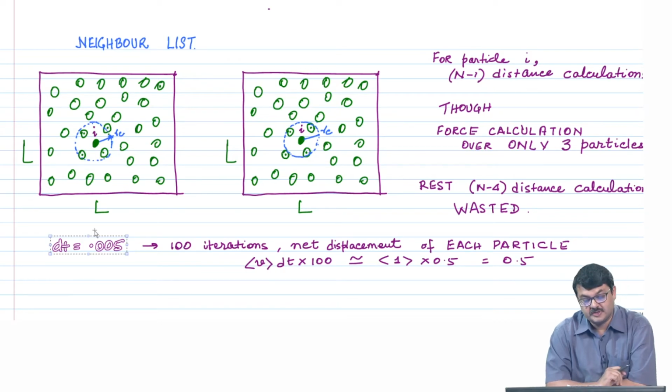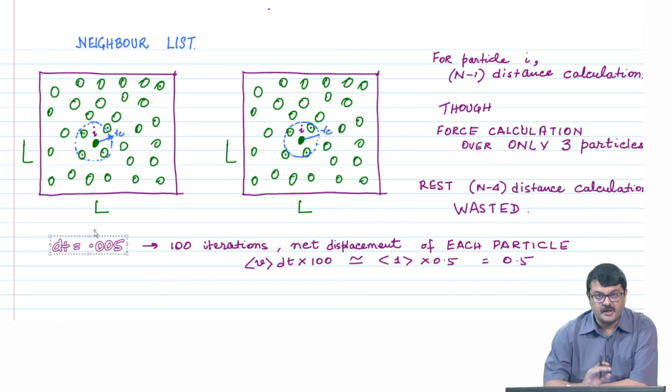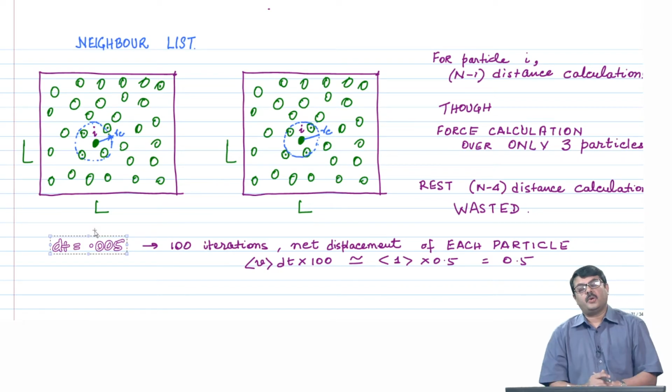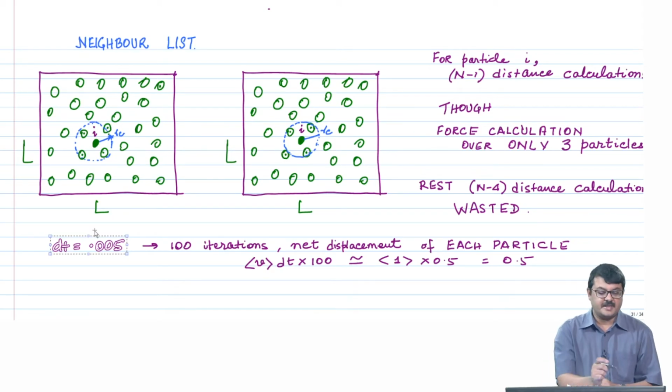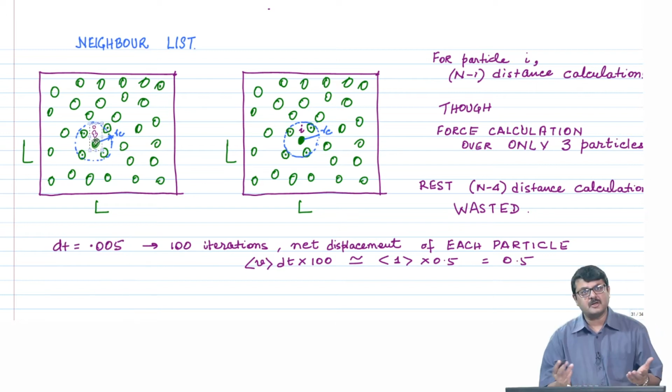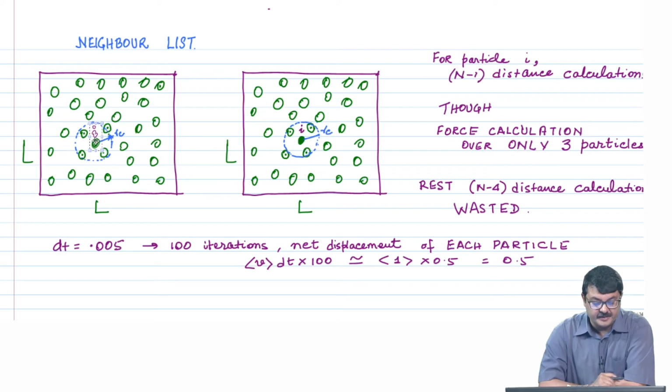If your kBT was 1, which is what we have fixed till now, though you can change it of course, then the average speed of these particles would be of order 1, since half m v squared equals kBT. So in one iteration, the expected displacement of particle I would be around 0.005, which is significantly smaller than the diameter.